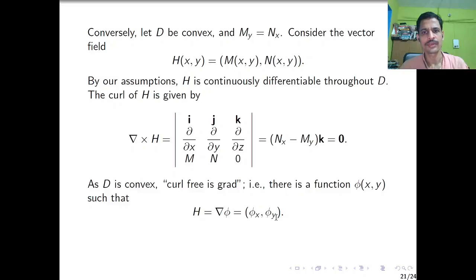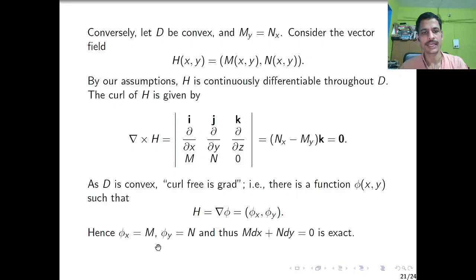If we equate this with the definition of h, what we get is phi_x is equal to m and phi_y is equal to n. So phi is precisely our u.